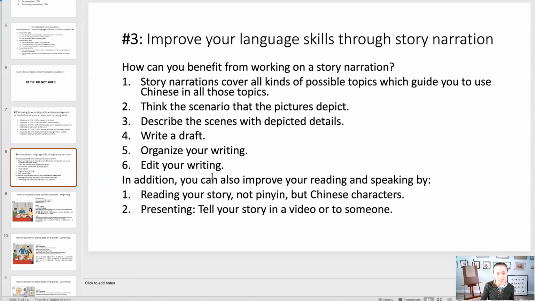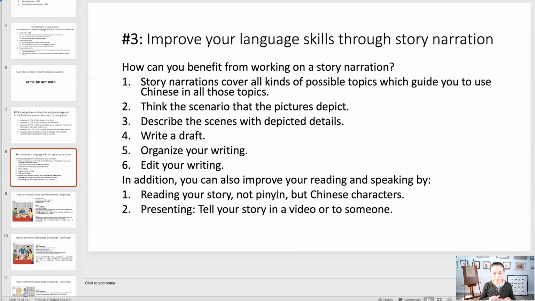In addition, you can also improve your reading and speaking by reading your story, not pinyin, but Chinese characters. I realize that some of you, when you do the presentation in the assignment, I see you are reading, and I know some of you are reading not characters but pinyin. This is really not a good habit, because on your Chinese exam, you don't see pinyin.